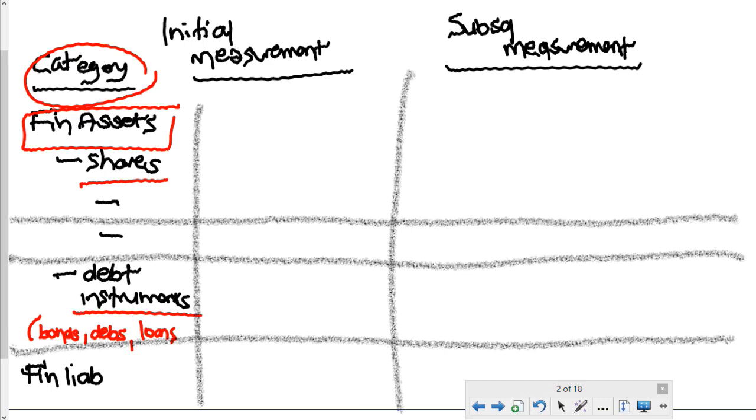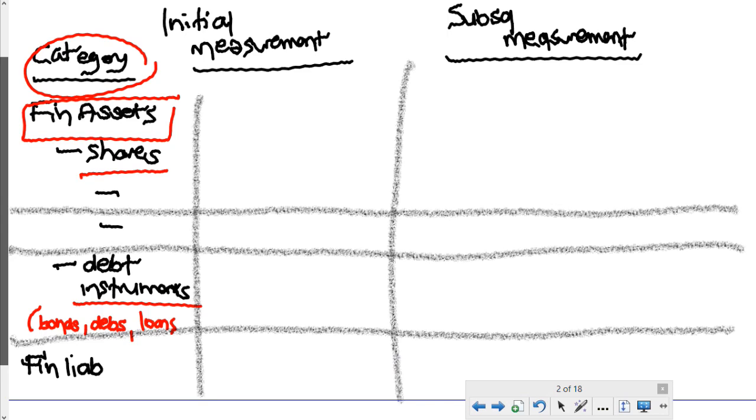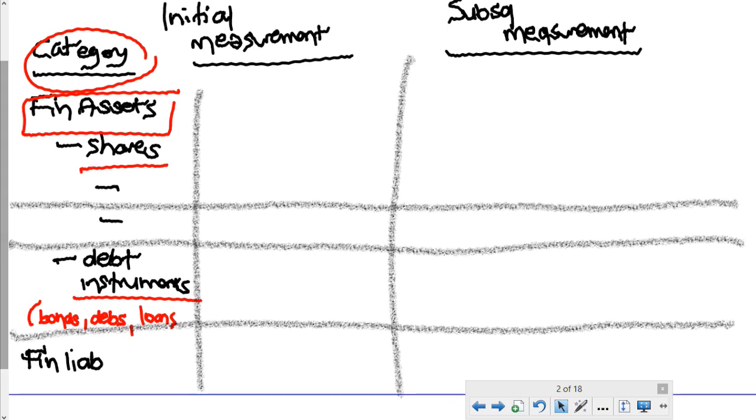Okay, so there are two different types of financial asset shares. We have the ones that we carry at fair value through P&L, and we have the ones that we carry at fair value through OCI. Fair value through P&L is the default.